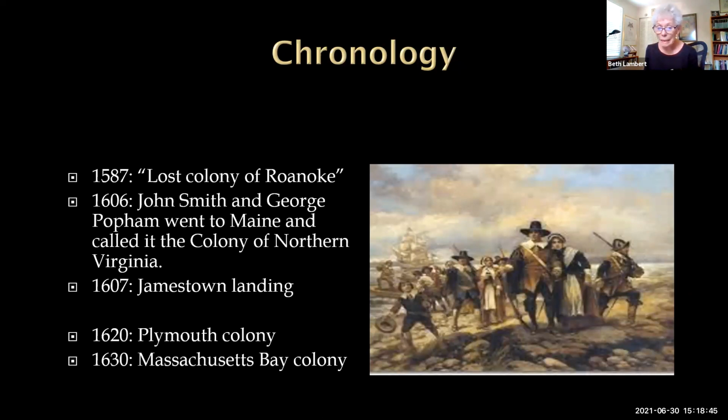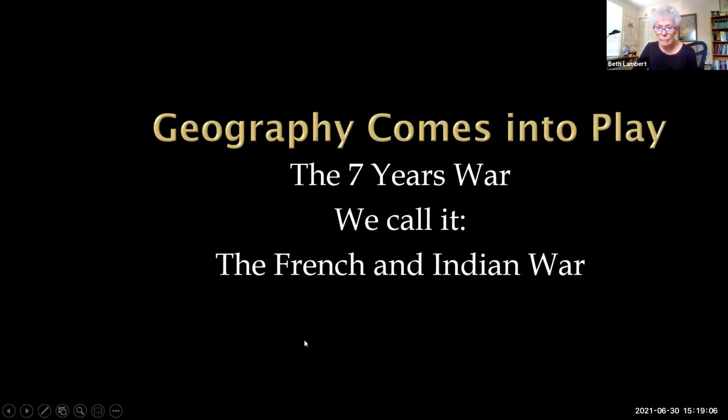They were going native, as it were. So they packed up and came over. 10 years later, the Massachusetts Bay colony was settled, and eventually these two combined. We usually lump them all together, but there were two different settlements there.